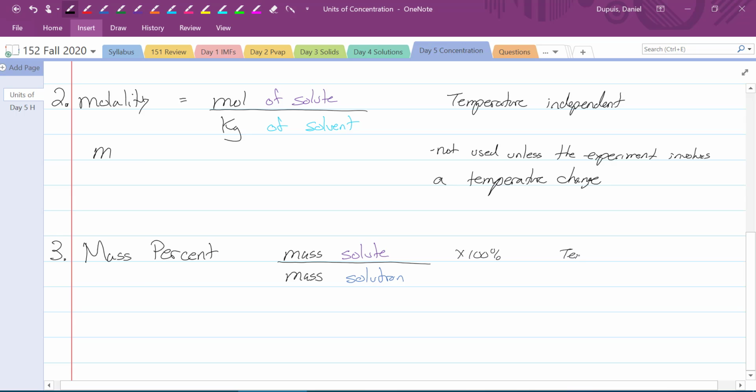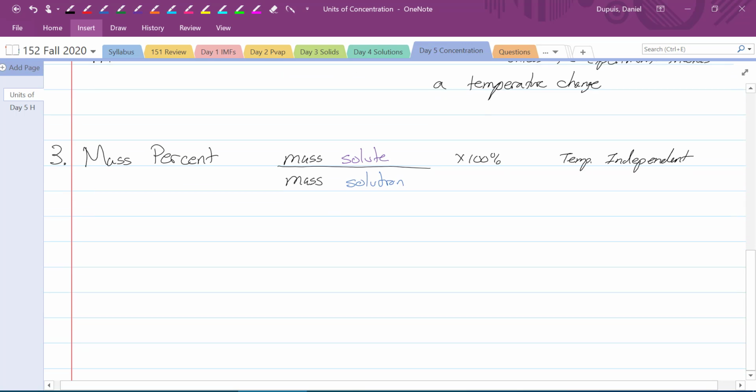And this, of course, is temperature independent again, because mass is independent. A lot of times we use this for IVs. Mass is very easy and very accurate to measure, so mass percent is the way we're going to do it.